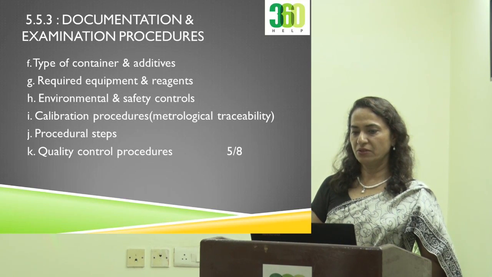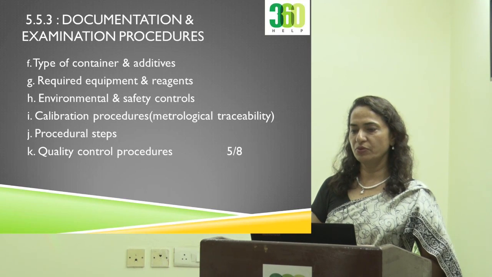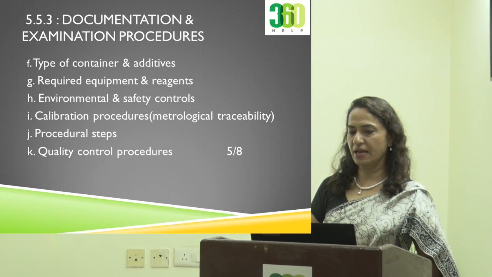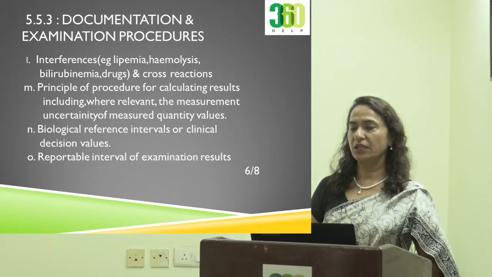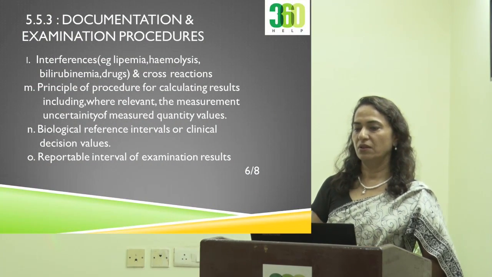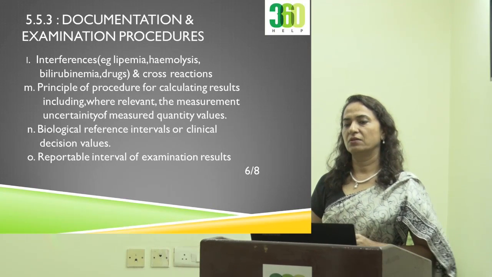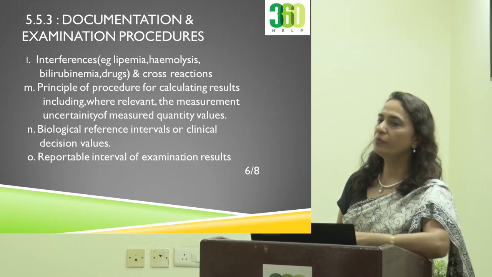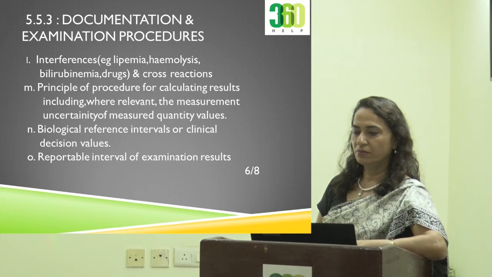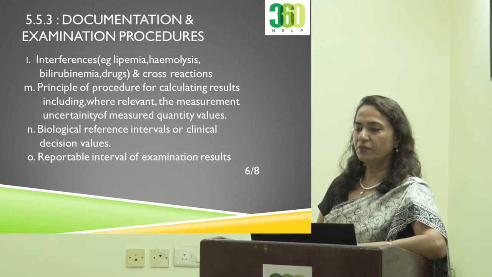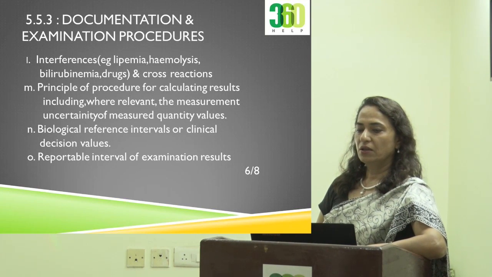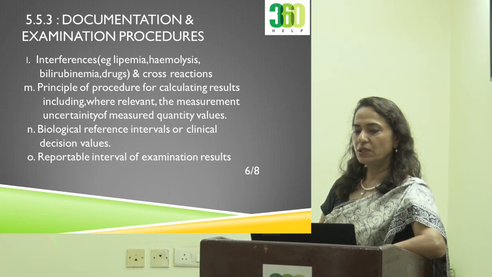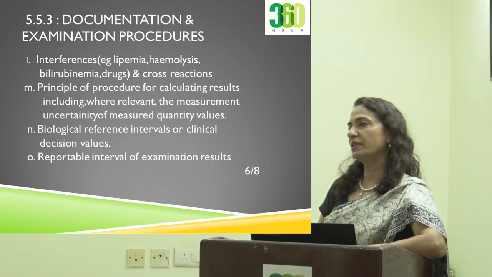Environmental and safety control, calibration procedures, procedural steps, quality control procedures, interferences. If there is any hemolysis or any bilirubinemia, how it would affect the procedure. Principle of the procedure for calculating results, measurement uncertainty, biological reference interval, reportable interval of examination result.